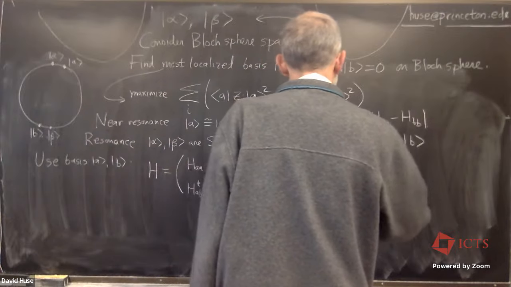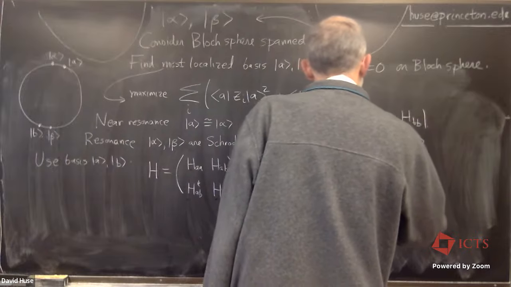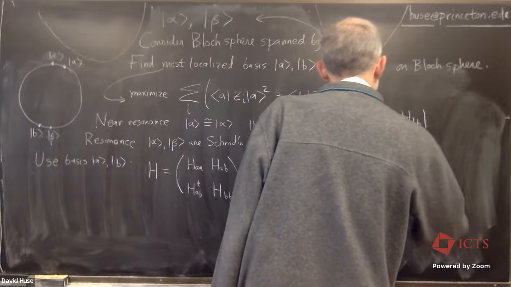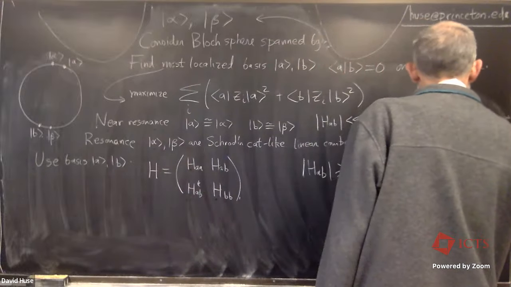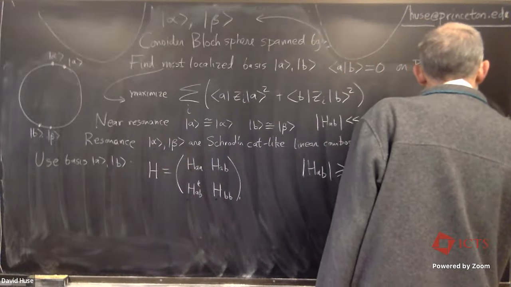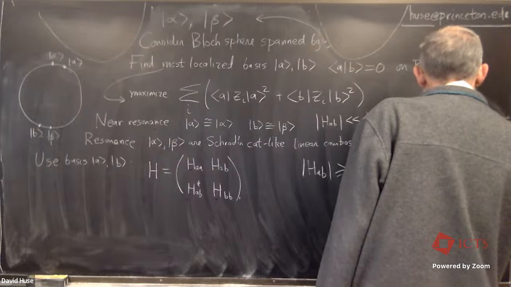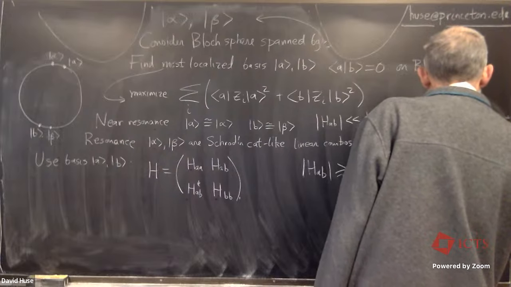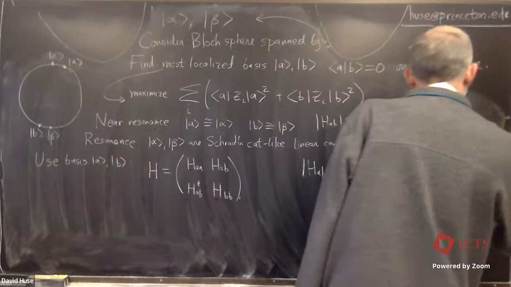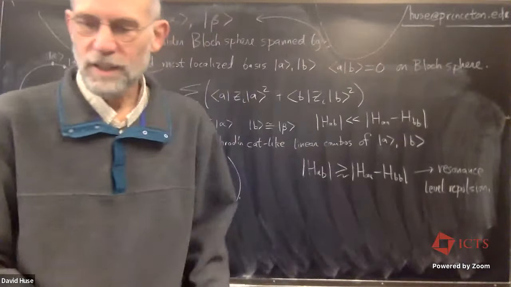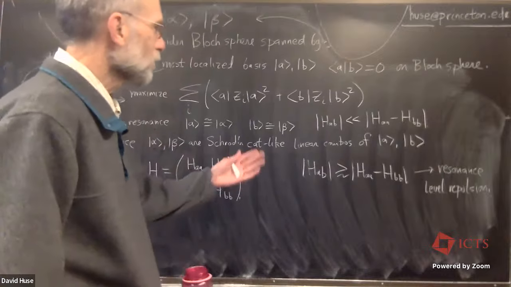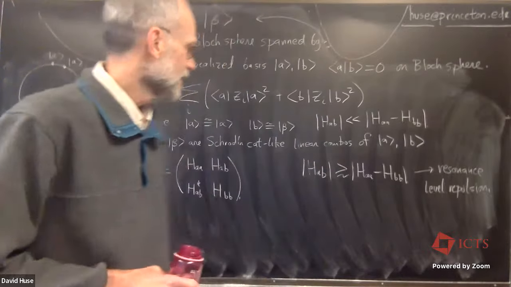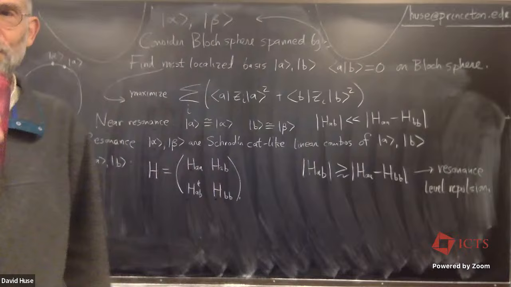So that's the case of a near resonance, and the resonance is the case when HAB is greater than or of order HAA minus HBB. And here we're really going to have a resonance, and we're going to see the level repulsion. So there always is level repulsion in the MBL phase. It's just rare. If you look around, you can find it, and this is a way to find it.